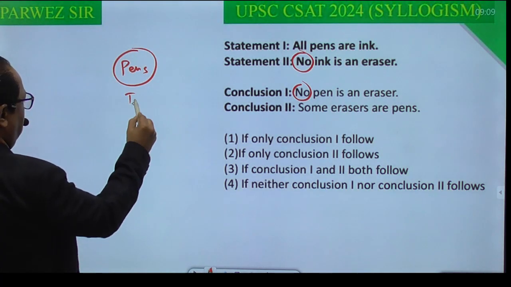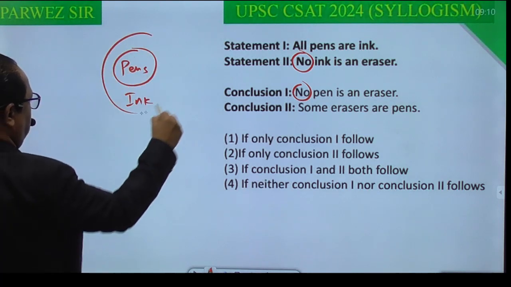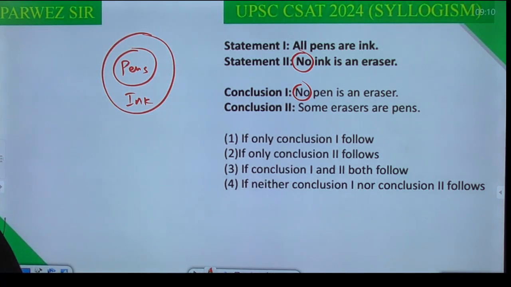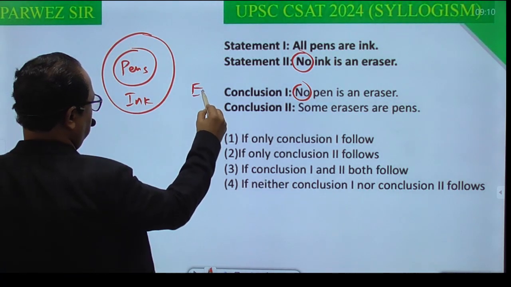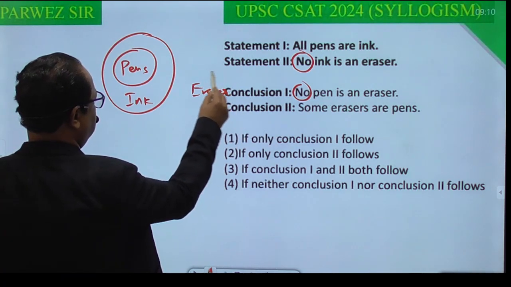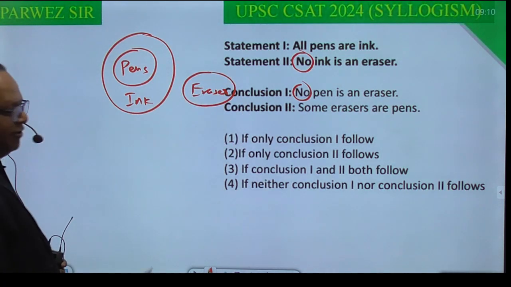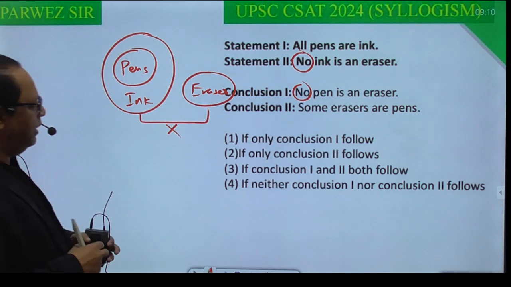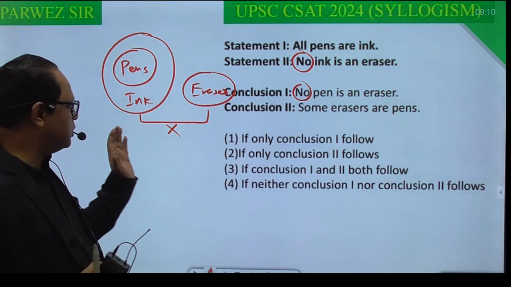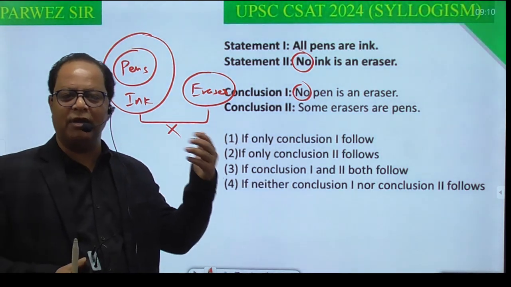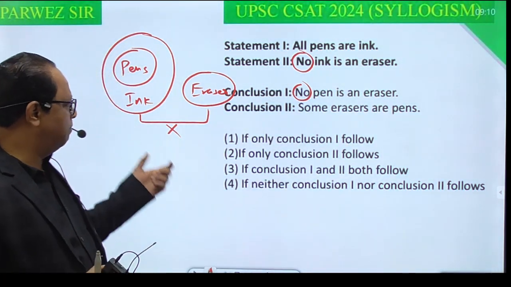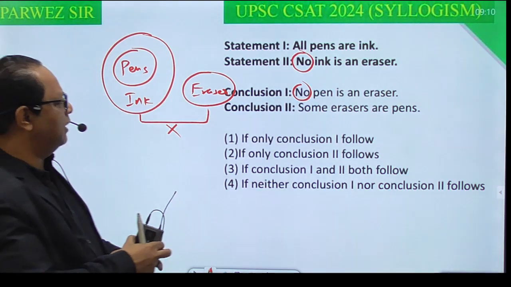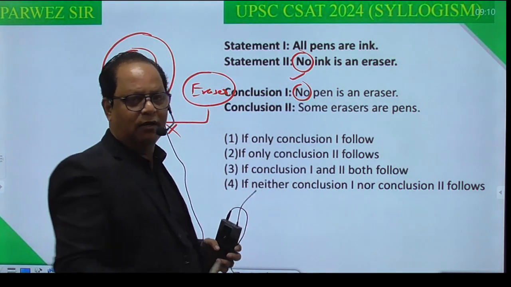No ink is an eraser. We are not finding any relation between ink and eraser. So make sure ink and eraser are separate from each other, because between ink and eraser, "no" is given.